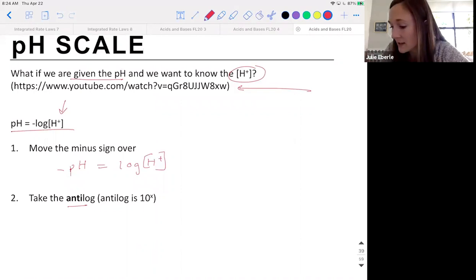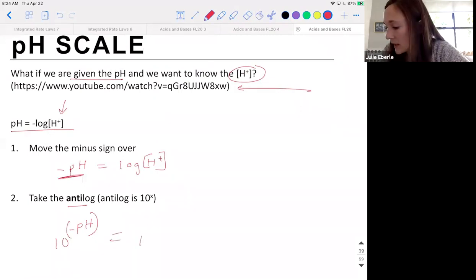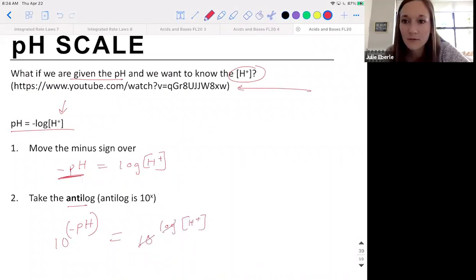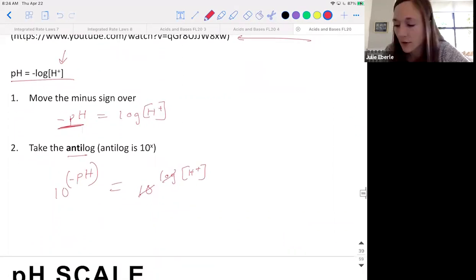So that looks like 10 to the negative pH equals 10 to the log of the concentration of H plus. What that does is it undoes the log. It takes the log away, so we no longer have an exponent here. We just have 10 to the negative pH, and that equals the concentration of H plus.